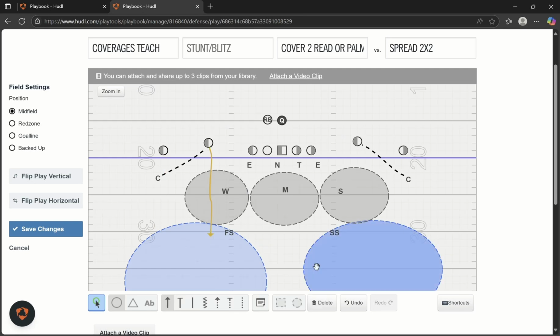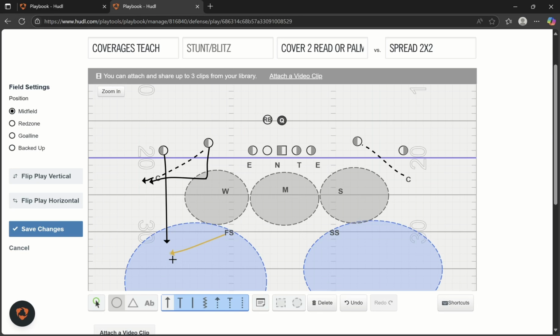Now, let me delete all this. We're still in read 2 here. Our eyes are on number 2. If number 2 runs an out route, the corner would be playing that out route. He'd be in the flats, covering that. Now, if number 1 were to run a vertical, the safety would be covering that. You say, Coach, how would we know?